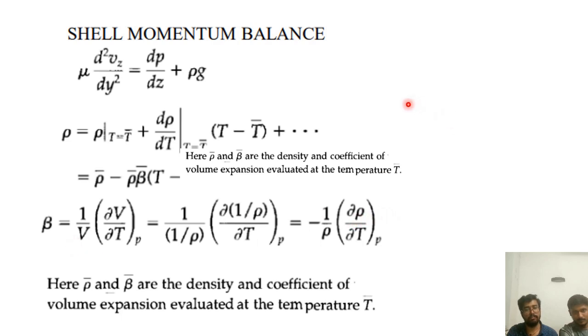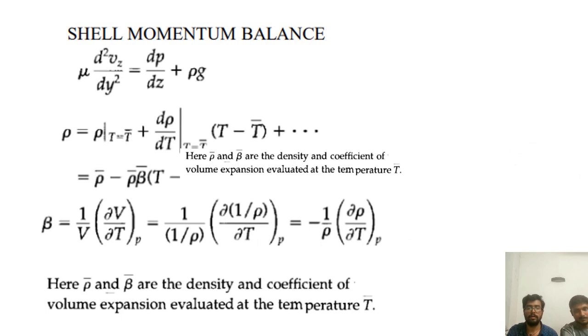So temperature also has a relation which will contain beta. One more thing is rho bar and beta bar. These are the density and coefficient of volume expansion evaluated at the average temperature. That is, rho bar is the average density, and beta bar is the average coefficient of volume expansion.